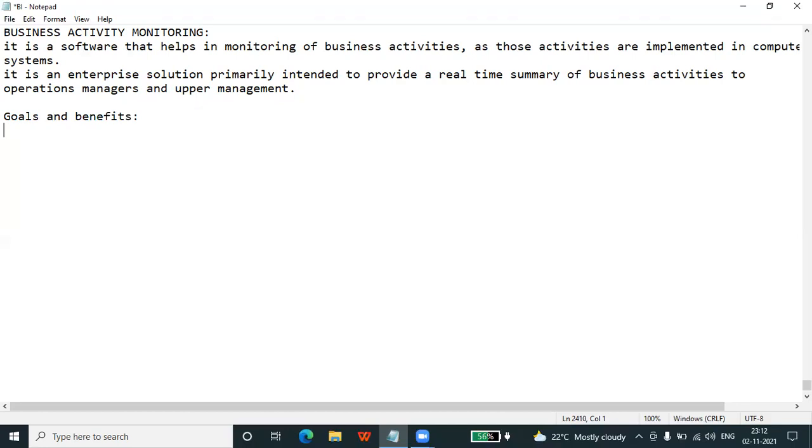The main benefits of business activity monitoring is to enable an enterprise to make better business decisions, quickly address problem areas, and reposition organizations to take full advantage of emerging opportunities.